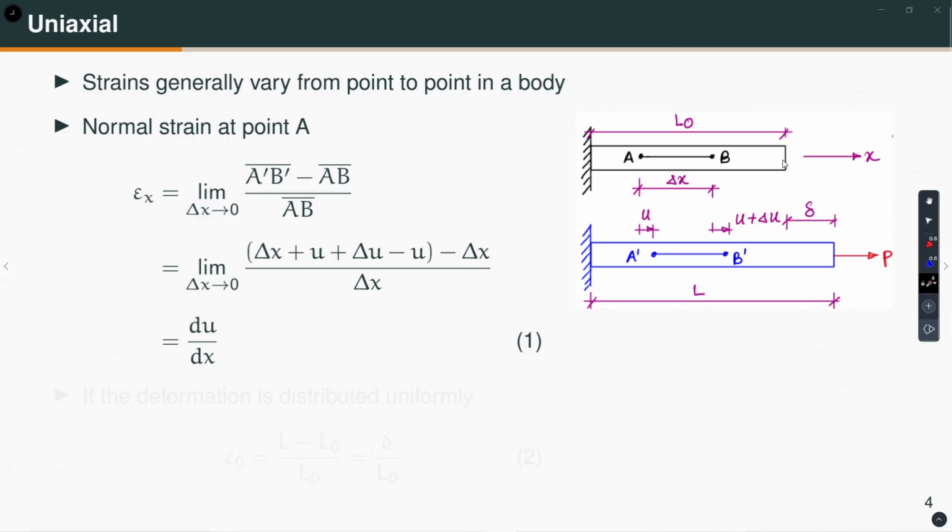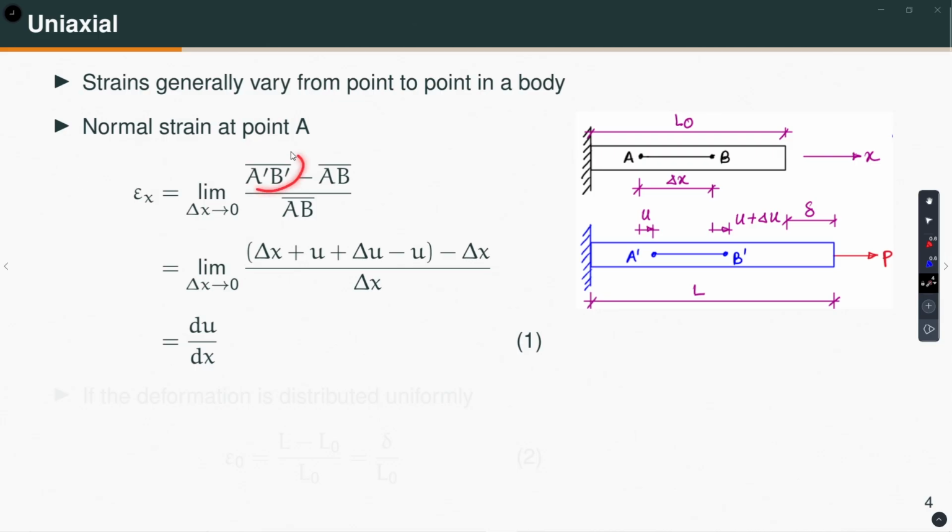The elongation of the bar is delta, and it is subjected to force P. Then we define the normal strain at point A as the limit as delta x tends to 0 of A prime B prime, that means the final length of this infinitesimally small segment, minus its original length AB, divided by its original length. That is how we define the normal strain epsilon x in the x direction.